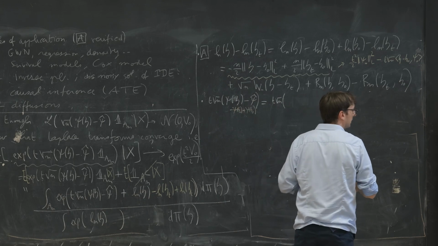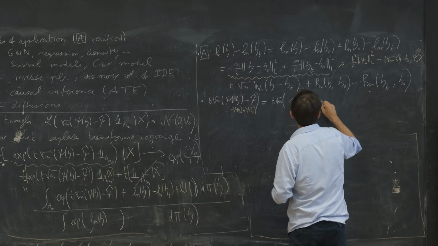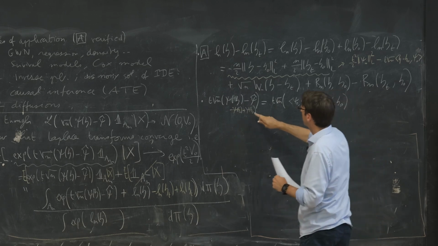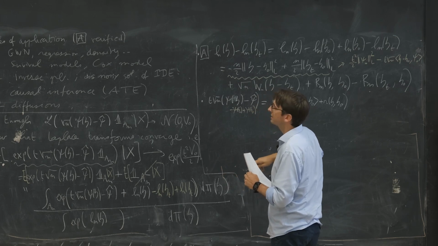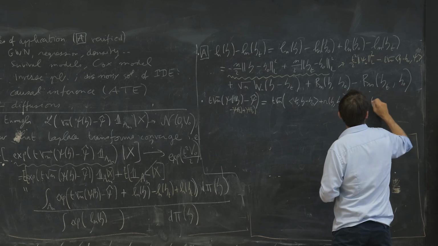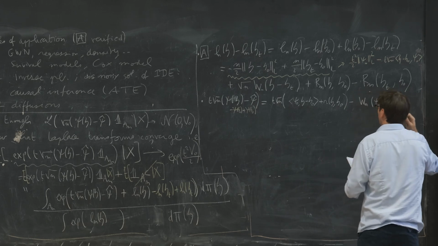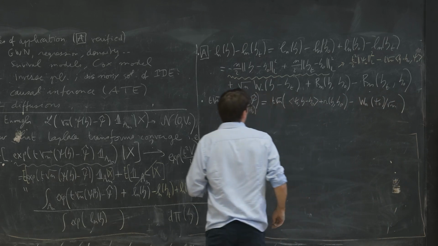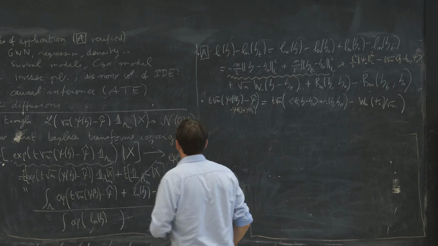So I get psi dot 0 eta minus eta 0, plus the remainder term. That's for the first bit, and then the second bit is minus psi hat plus psi eta 0, so it's minus Wn psi dot 0 divided by square root of n. Right, and then we are done essentially.